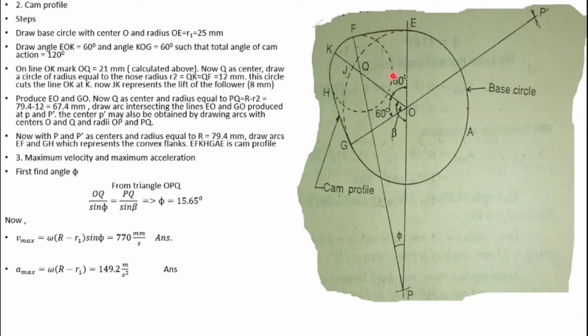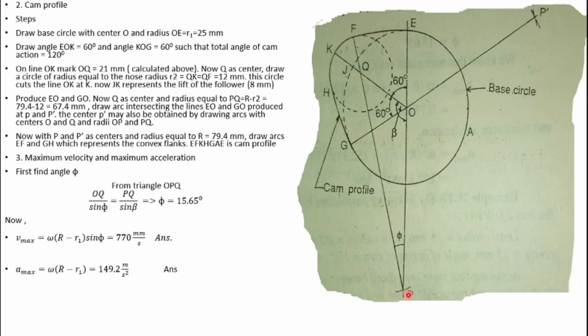And in this way we find E, we find K and G, and draw a smooth curve.